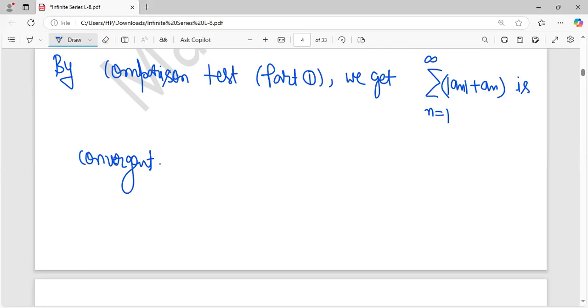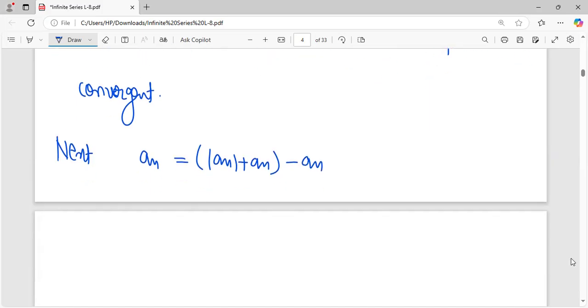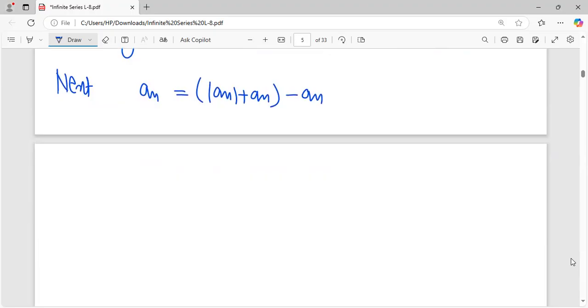Now we know that the sum of two convergent series is convergent and the difference of two convergent series is convergent. Next, how can we write this term? a_n can be written as b_n minus absolute a_n, so this implies summation a_n equals summation b_n minus summation absolute a_n.